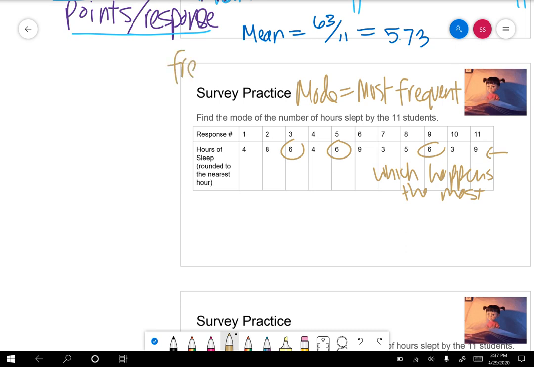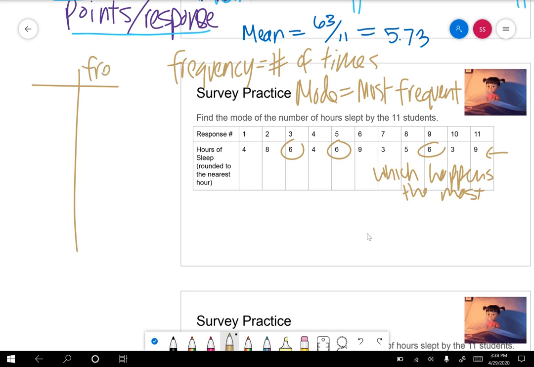Now, frequency, just as a quick review, frequency just means number of times something happened. Okay, so what I'm going to do is draw us a cute little table. We're going to have frequency on one side, and then we're going to have response, so hours, on this side.